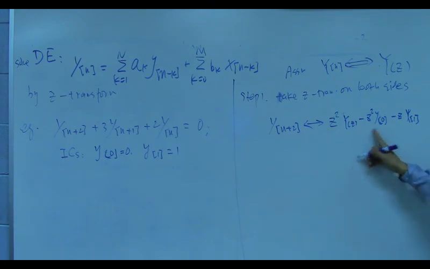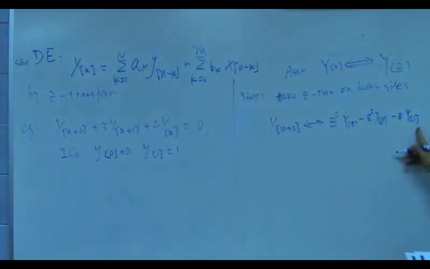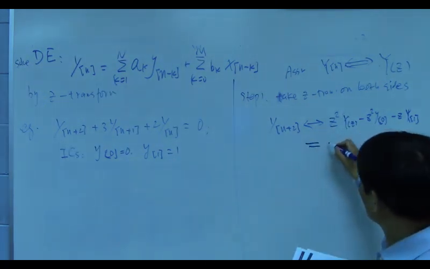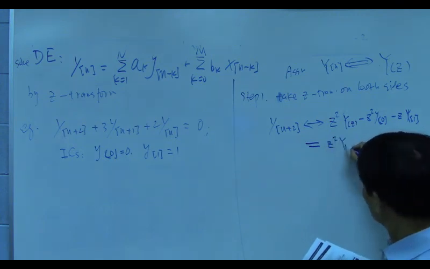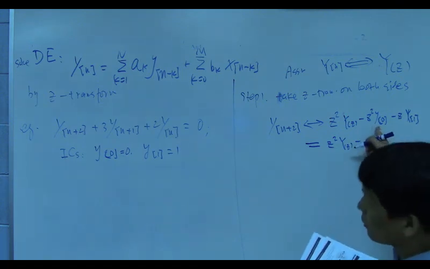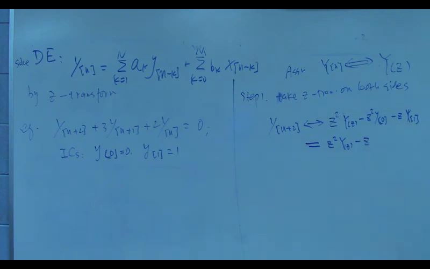What is this? This is given here. What is this? This one is given here. So this one actually equals z squared Y(z), then minus z, since this one equals 0. So this z transform gives us this one.